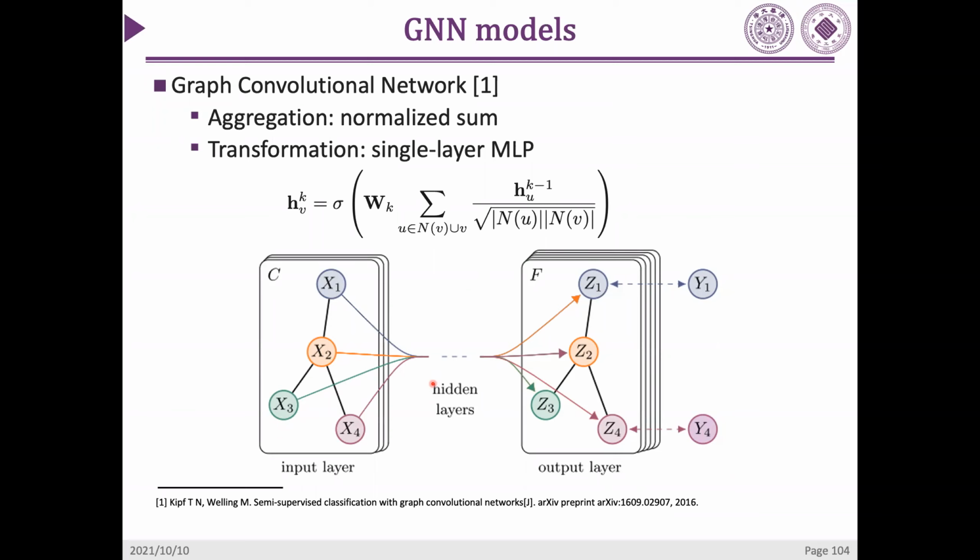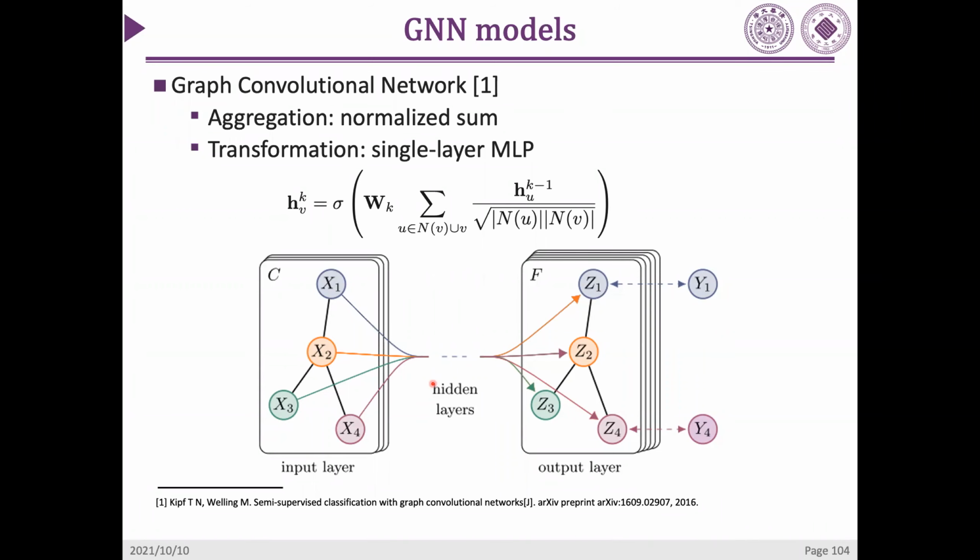One is aggregation, and the other one is the neural net. In this GNN model, the graph convolutional network model, they will contain the aggregation, which is a normalized sum, and the transformation is a single-layer MLP.